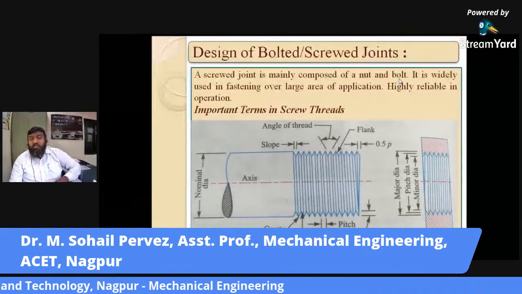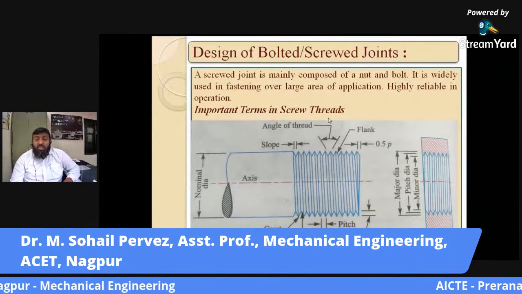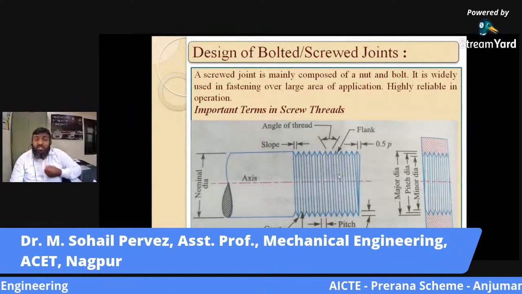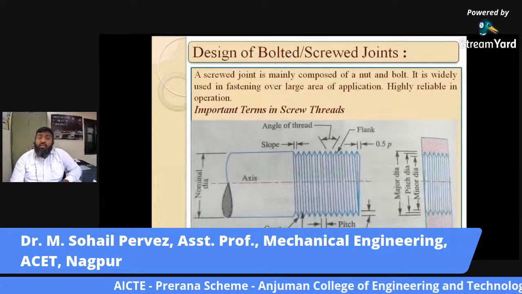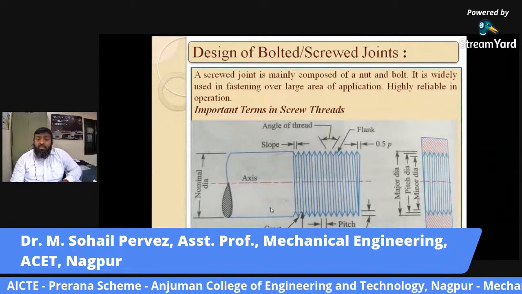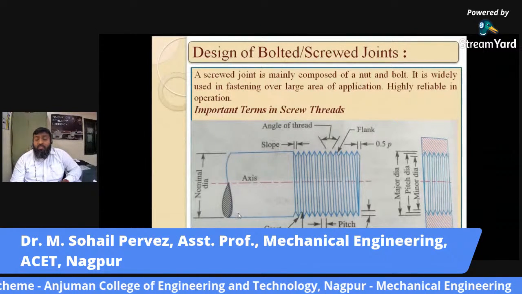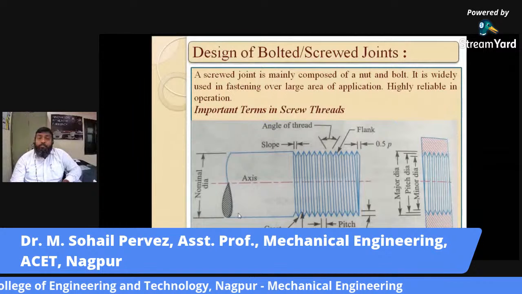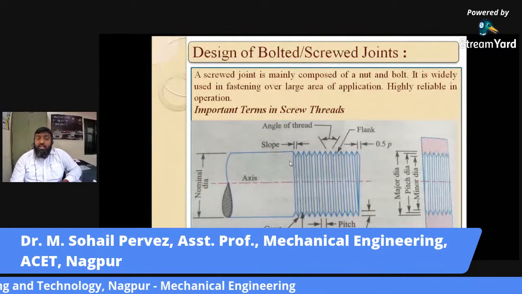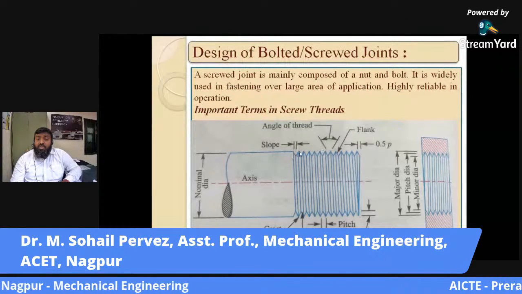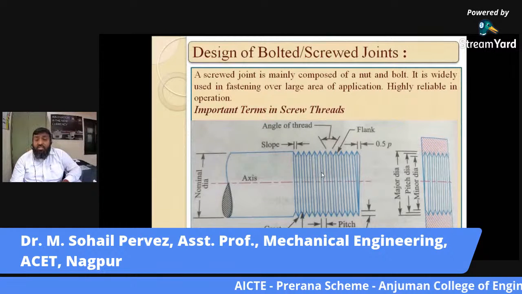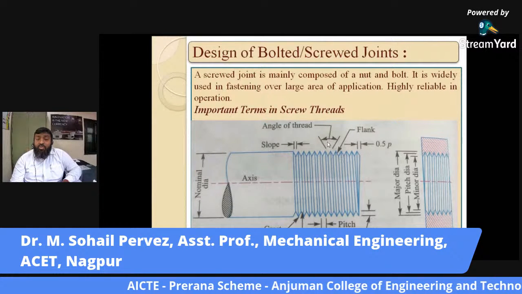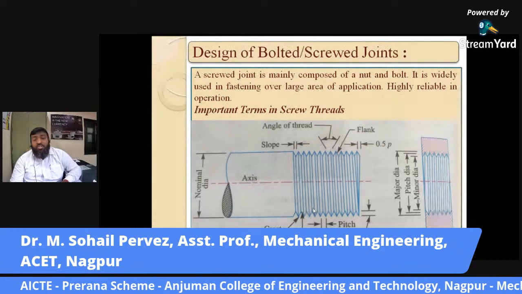Now there are some important terms in screw threads, because as far as design is concerned, we have to go through these terms. Number one, the nominal diameter of the screw thread, and there come the threads. Generally these threads are known as V threads, and the angle included between the threads is generally 60 degrees.